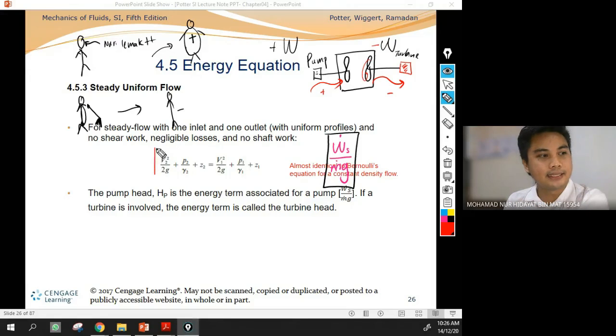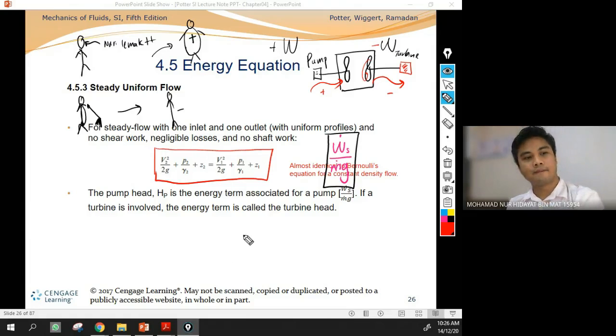This is basically this equation. All right. When there is the pump and turbine, the pump is giving the energy, remember? So we have the head of the pump plus, you just continue here.